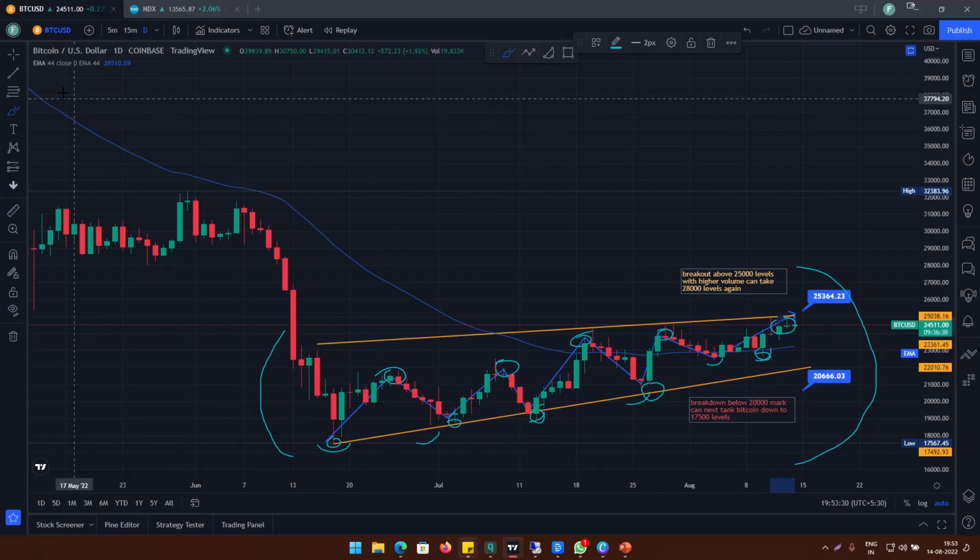Now, when we join a trend line just on this candlestick pattern, we can clearly see that Bitcoin is struggling somewhere in and around two factors. It's been trying to break this 25,000 level for a very long time now.